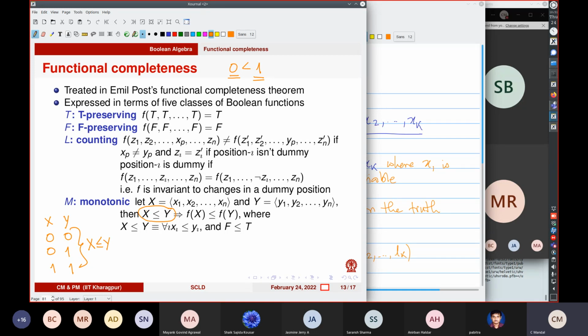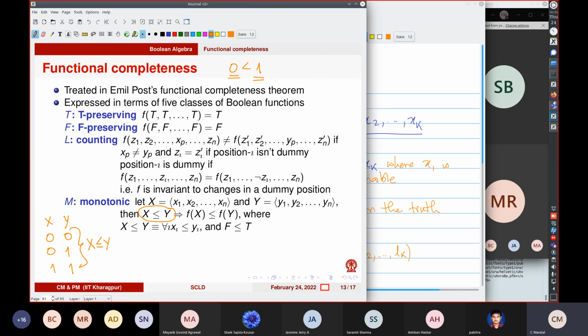A monotonic function has this requirement that if x is less than or equal to y, then f(x) must be less than or equal to f(y). That is the usual definition of monotonicity.